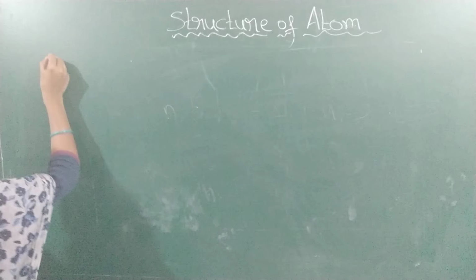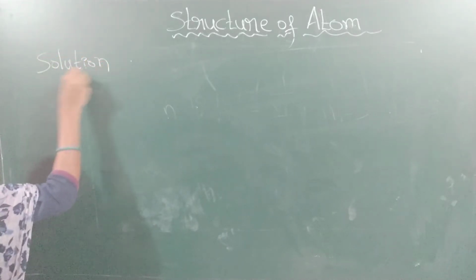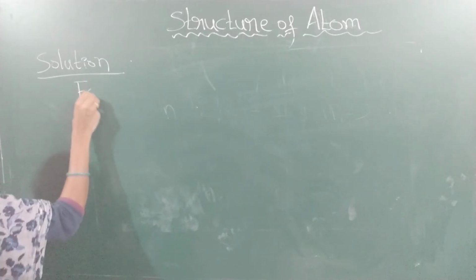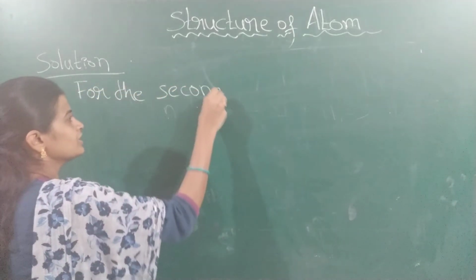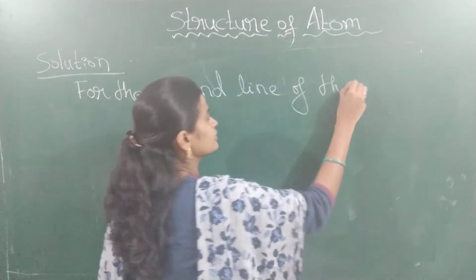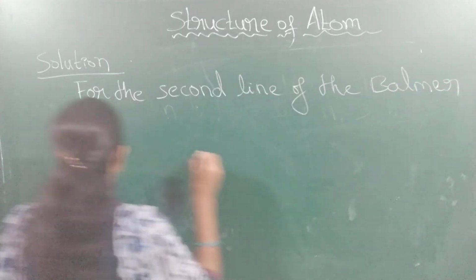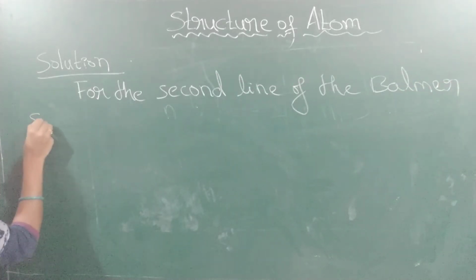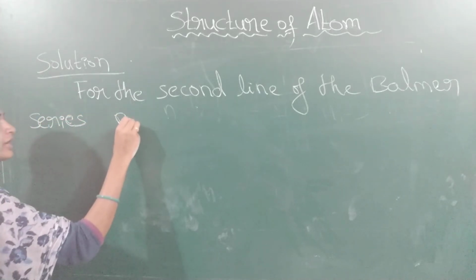We will start with the solution of the problem. For the second line of the Balmer series, n1 is equal to what?